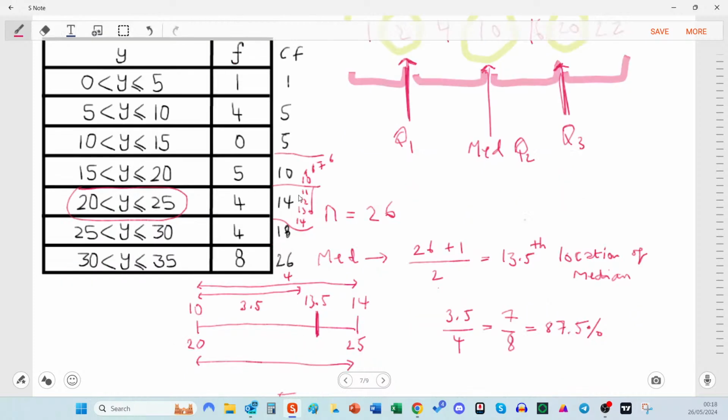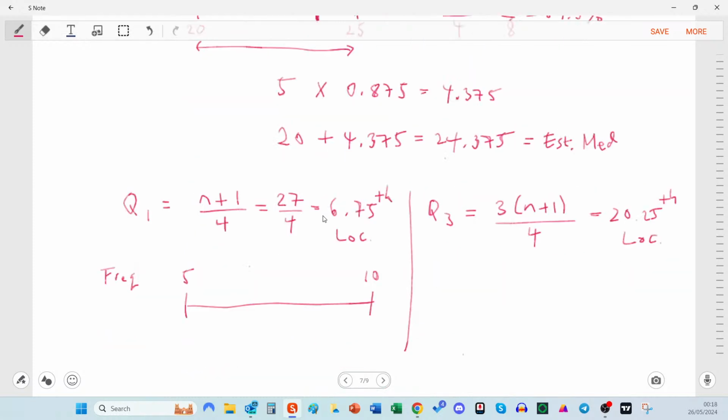And we are looking for 6.75, so it's nearer this side. It's that far in. See that this amount that you go into that section is the same proportion when talking about the y value. That's why we draw this.